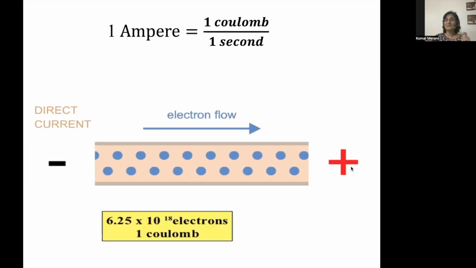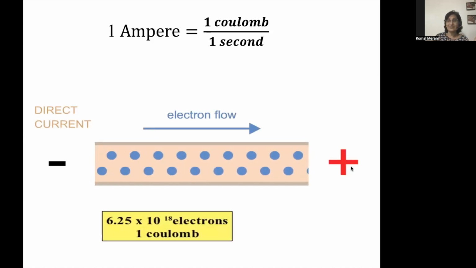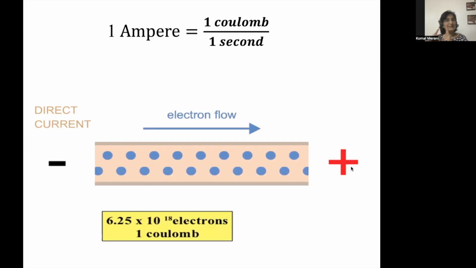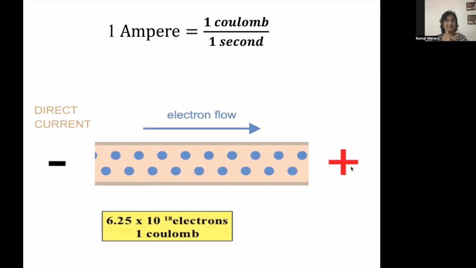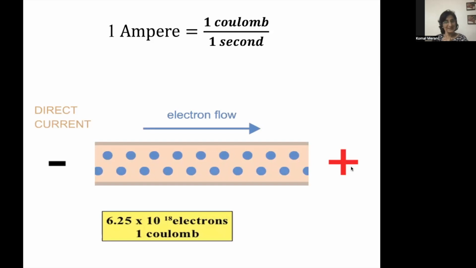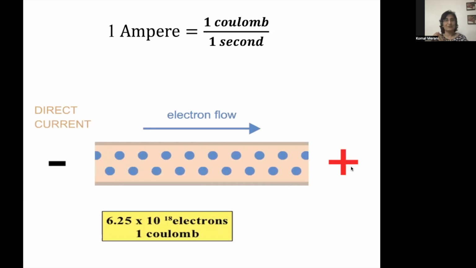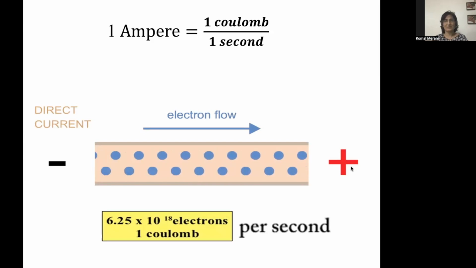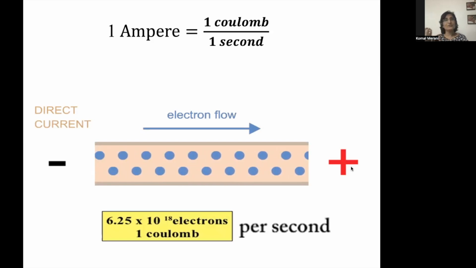Yes, you're right. 6.25 into 10 raised to 18 electrons make up 1 coulomb. If that many electrons pass in 1 second through a cross section of the wire, it will be called 1 ampere. That many electrons per second.